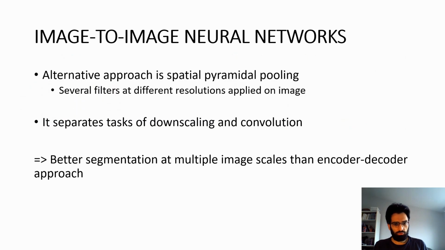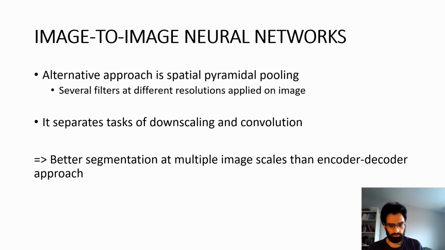And the alternative approach to image-to-image neural networks is spatial pyramidal pooling, as I said before. In this one, several filters at different resolution layers are applied onto the image, and the image is processed this way.